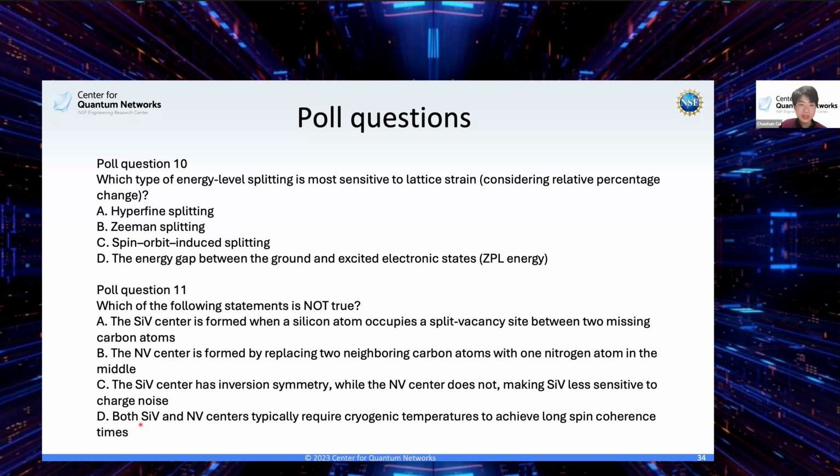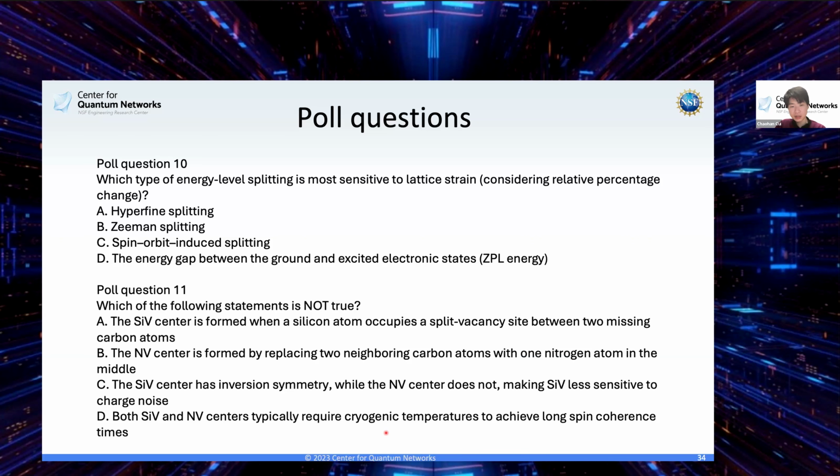The D: both silicon vacancy and NV center typically require cryogenic temperature to achieve long spin coherence times. I put a partial yes here because in demonstrations, we all want to keep the information in those quantum memories for as long as possible. So we want to reduce the thermal phonons. We also want to reduce the thermal photons. And by doing that, lowering the temperature is definitely the right way to go.